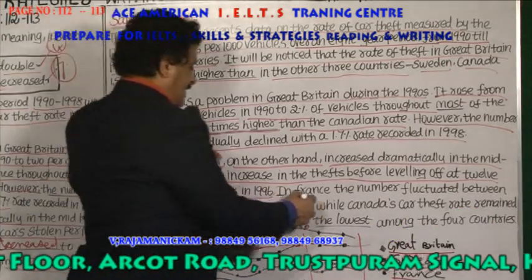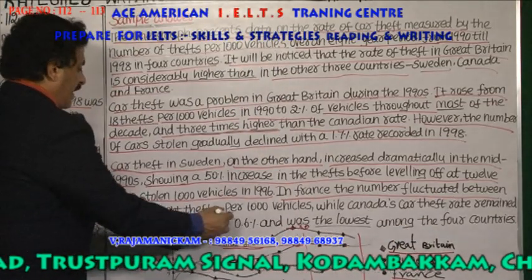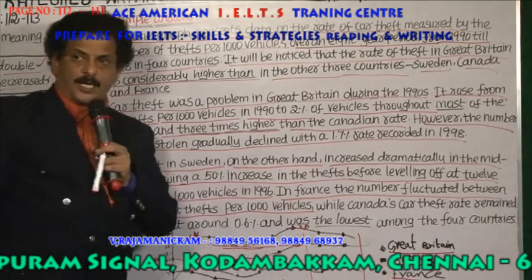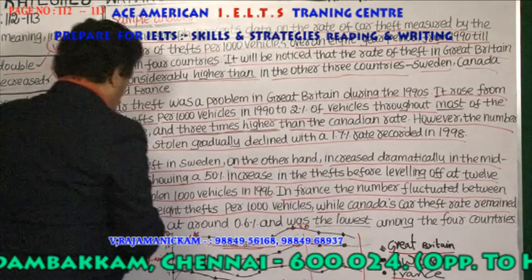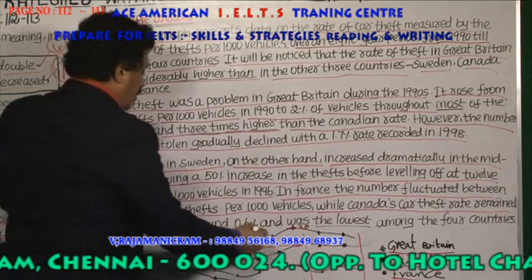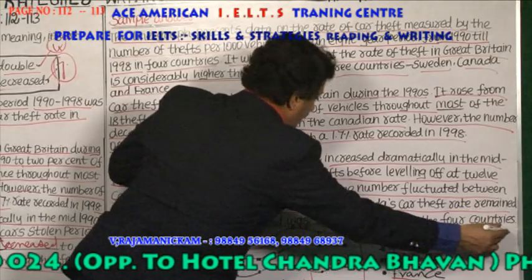In France, the numbers fluctuated between 6 and 8 thefts per 1,000 vehicles, while Canada's car theft rate remained constant at around 0.6% and was the lowest among the 4 countries.